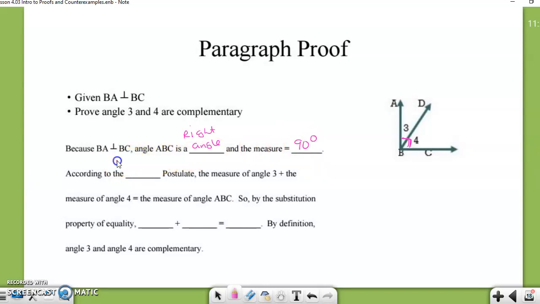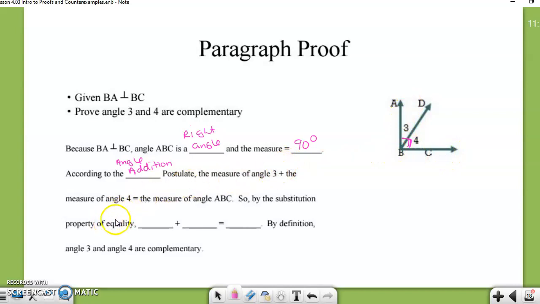According to the angle addition postulate, we talked about that earlier in the year. We talked about the segment addition postulate as well, which just states that if one piece of the angle is added to the other piece of the angle, it equals the whole angle. So according to the angle addition postulate, the measure of angle 3 plus the measure of angle 4 equals the measure of angle ABC.